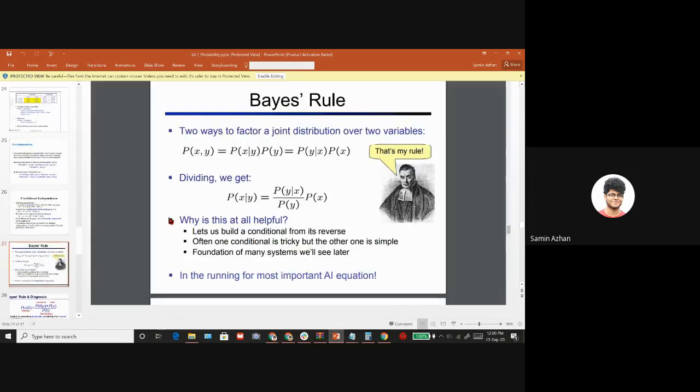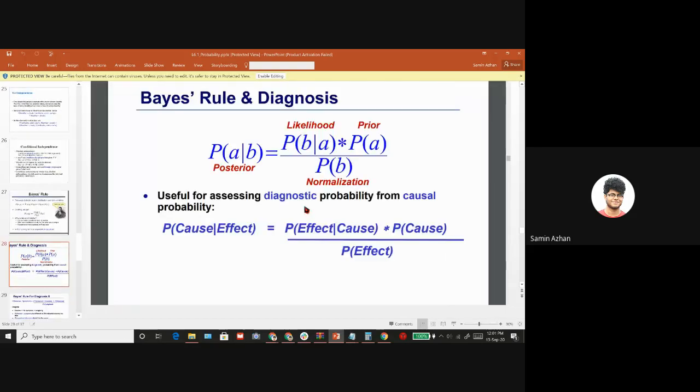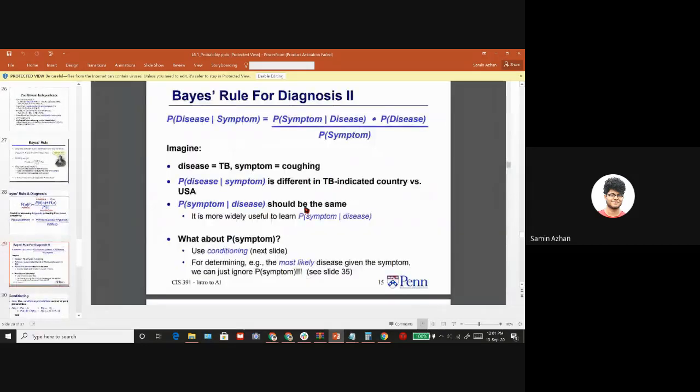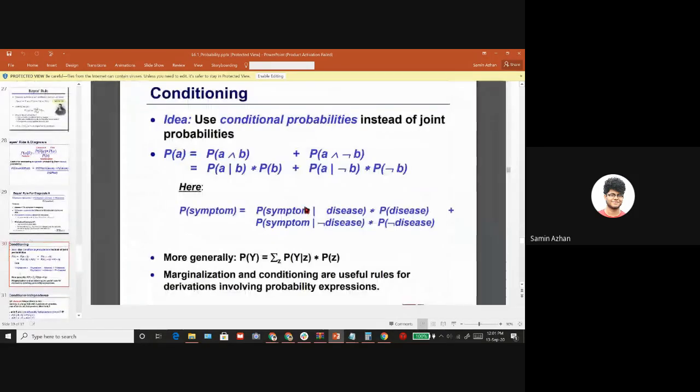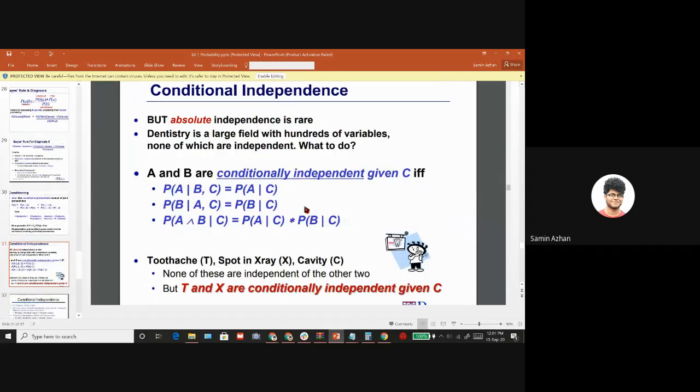And the next slide talks about the Bayesian rule. We already saw this. We already used this rule. So there's nothing new here. There are some more examples, and we already covered that.